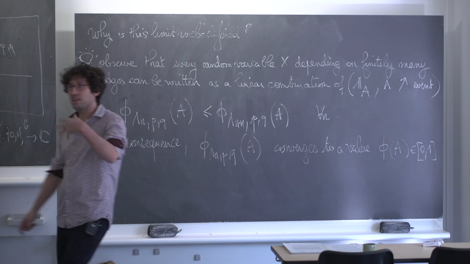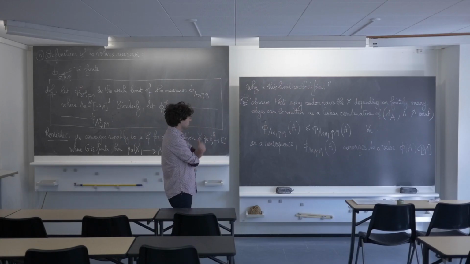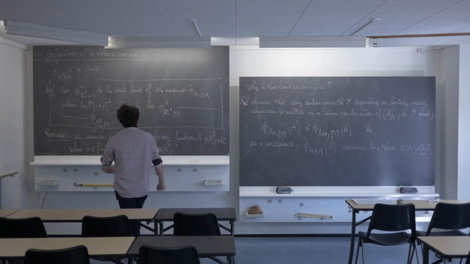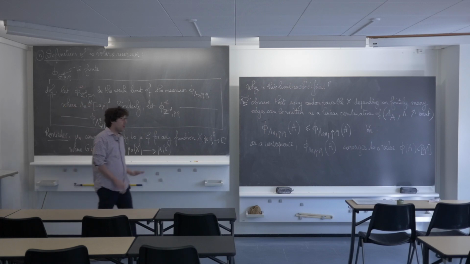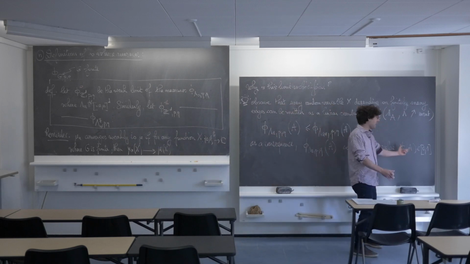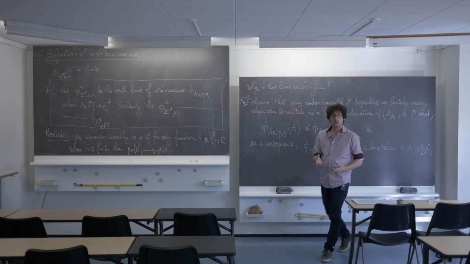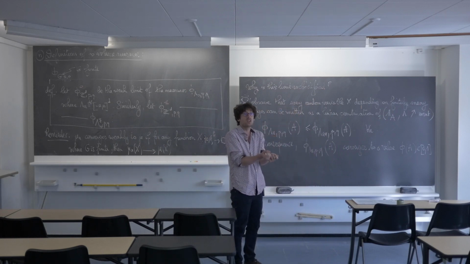So for every increasing event A, I end up with a good candidate for the value of the probability of the event A under this measure. At this stage, it's not entirely clear that these phi of A are consistent, in the sense that they really give rise to the probabilities of a given measure.